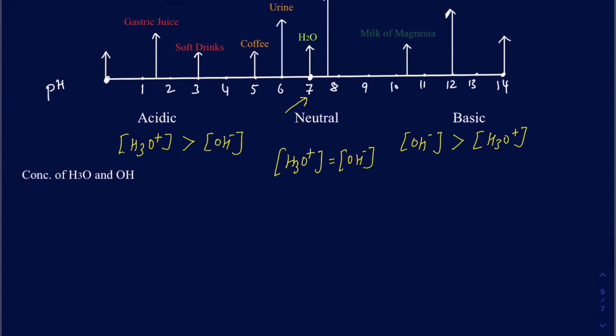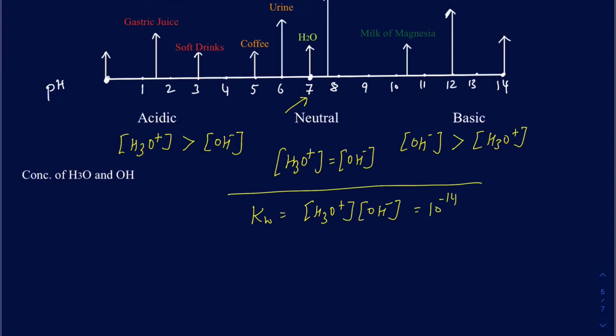So keep in mind this Kw, which is the concentration of H3O plus times the OH minus, that's how they're going to be relating to one another. So if you change one of them, the other one will change accordingly, so that this equation always stays true. So that's why they are inverse in relation with one another.